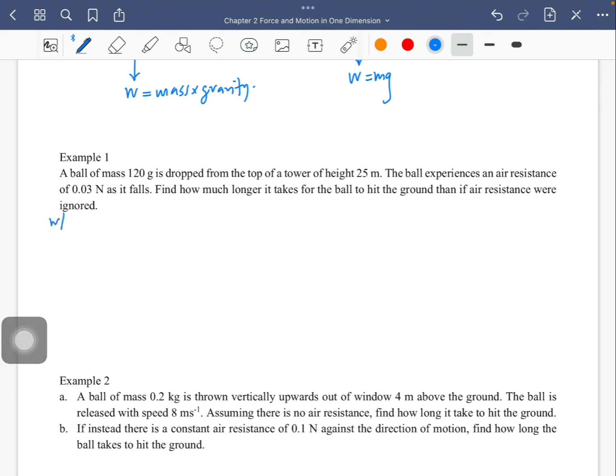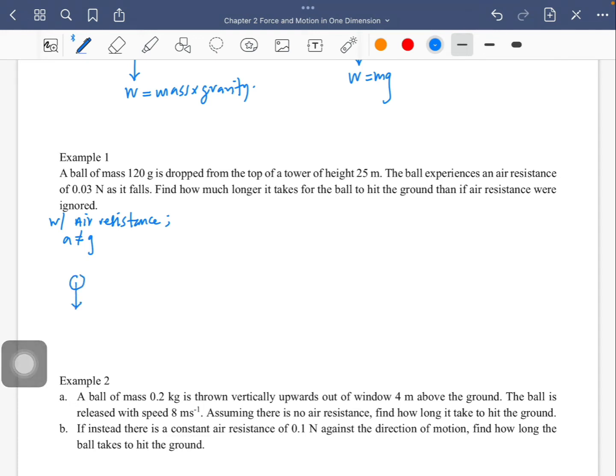With air resistance, the acceleration is not equal to gravity anymore, so we need to find a new acceleration. The object is moving from the top of the tower downward. If you want to illustrate, we have an object with forces acting on it.